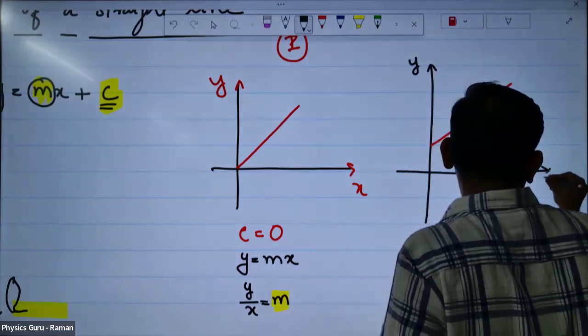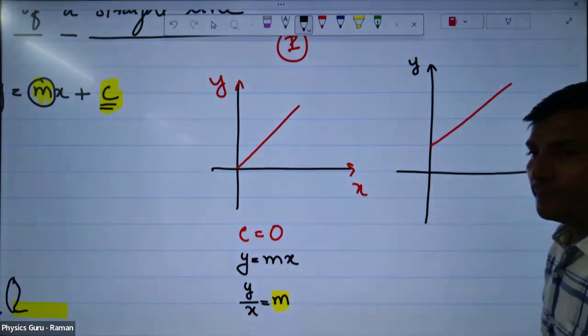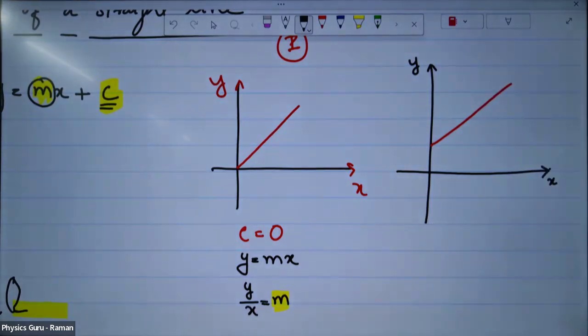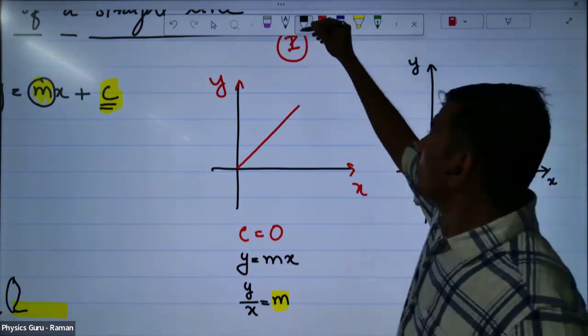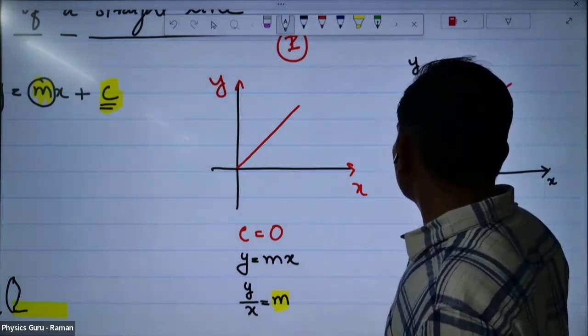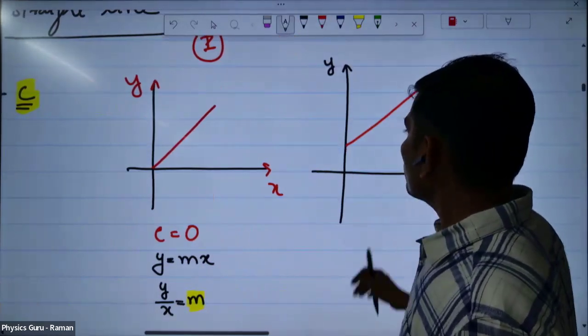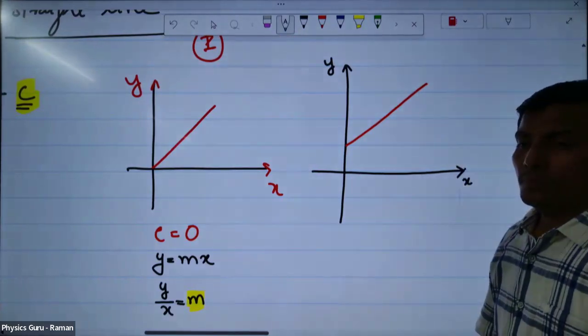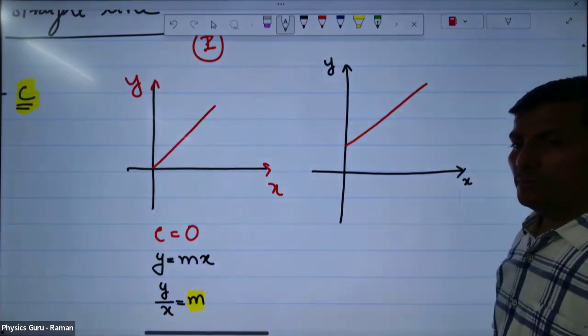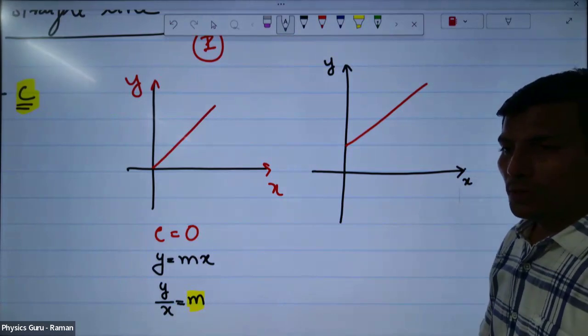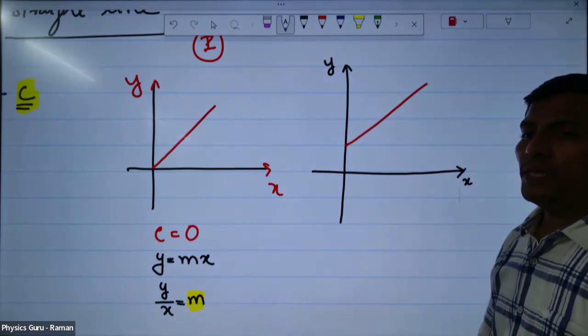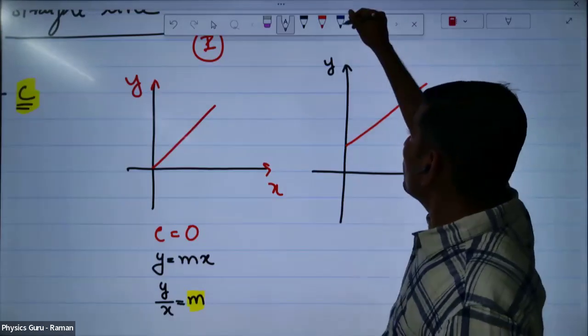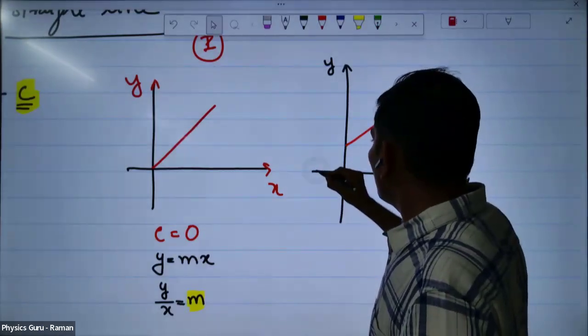Y axis and x axis. So the graph turns out to be something like this. So how will you convert this graph? Definitely y is equal to mx plus c, sir. Definitely. So where will you find the c? Here.